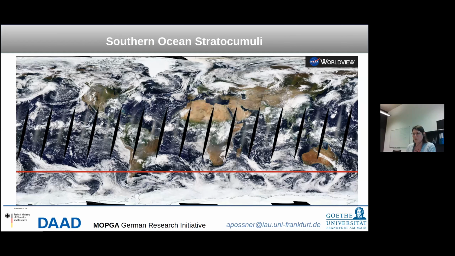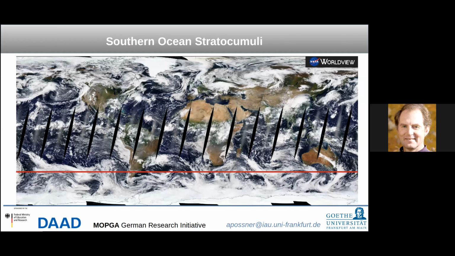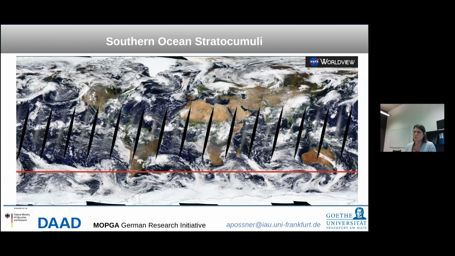So 99.3% on average of the incoming sunlight is absorbed at the ocean surface. And the albedo of the land surface is generally quite a bit higher. It ranges between 0.1 in dark forested regions, as you can see here over the Amazon, to 0.4 and slightly higher in highly bright land surfaces like the desert.